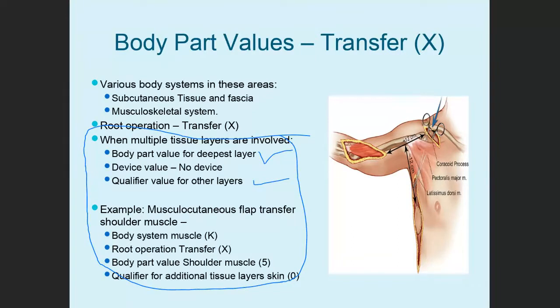Musculocutaneous flap transfer of the shoulder muscle. It's in muscles, transfer, the body part value is the shoulder muscle, the deepest layer. And then the qualifier is skin, because it says cutaneous. So we have musculo and cutaneous.